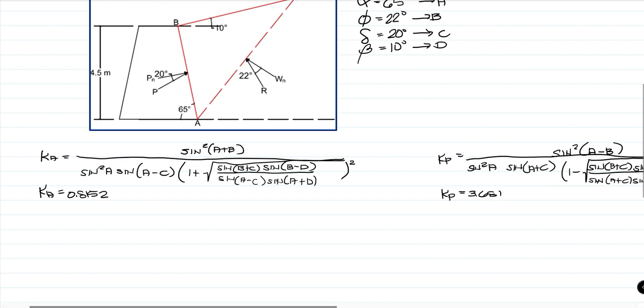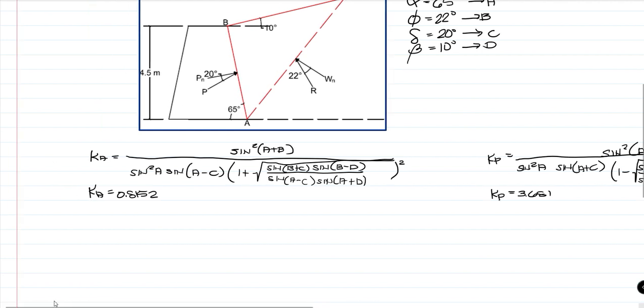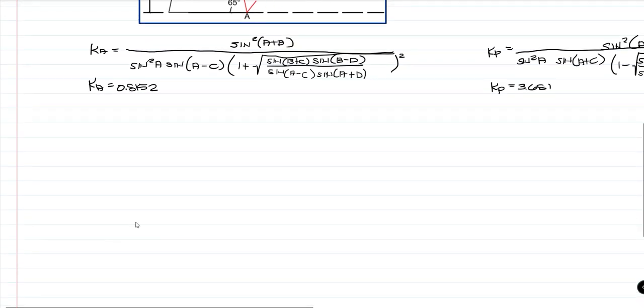So, we'll start calculating the active condition for the soil. For the active condition, we can have our active pressure, which is equivalent to gamma times H times Ka.